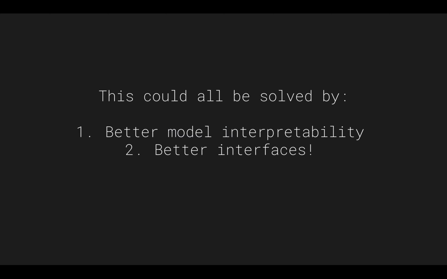And I think the biggest thing for me is that this could all be solved by better model interpretability. The interview I did with Ian Johnson a couple weeks ago, Ian and the team he worked on when he was at Google were really about model interpretability and understanding what's going on inside these models. Unfortunately, a lot of that research either dried up or became less of a priority for these companies as they all started to race to be the best ChatGPT model or whatever.